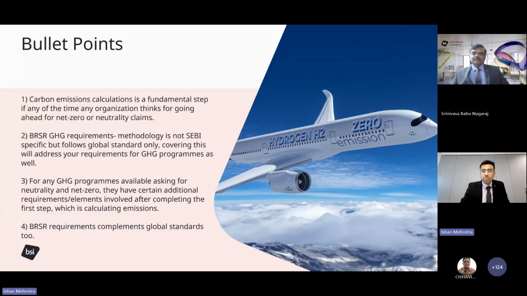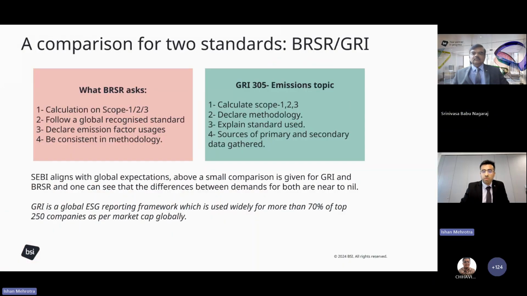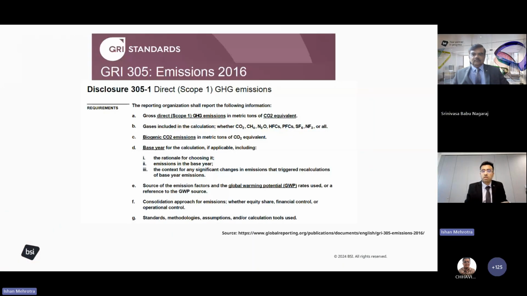Thank you again for explaining how the GHG requirements under BRSR map with global frameworks. One example is GRI. It is visible on the screen that it asks about GHG emissions in tons of CO2 equivalent, and the breakup of gases.